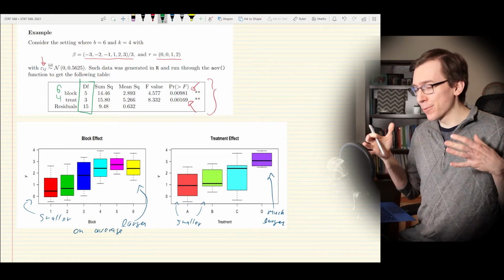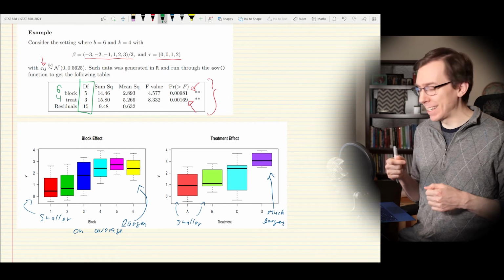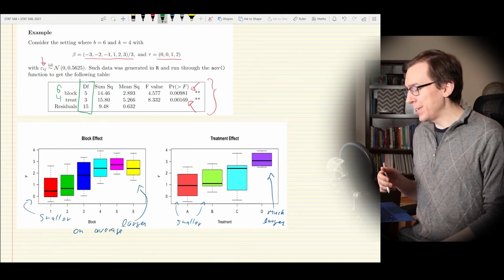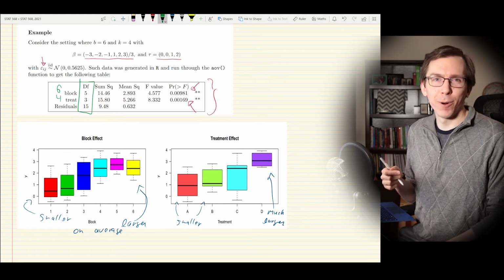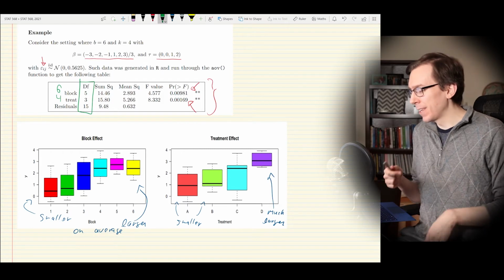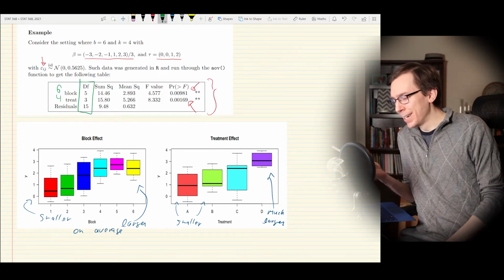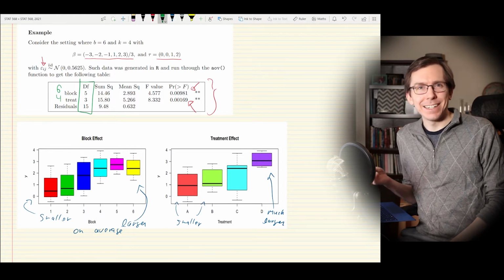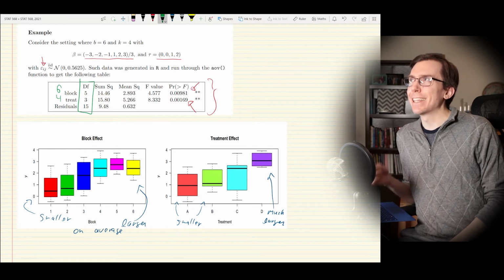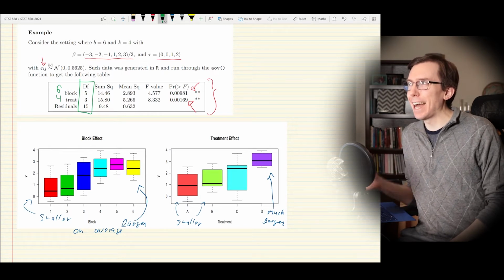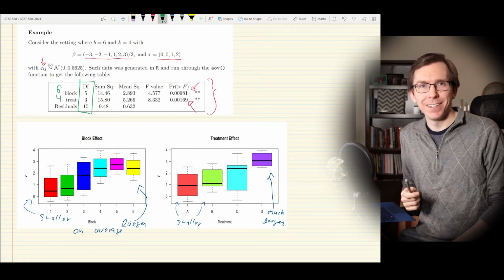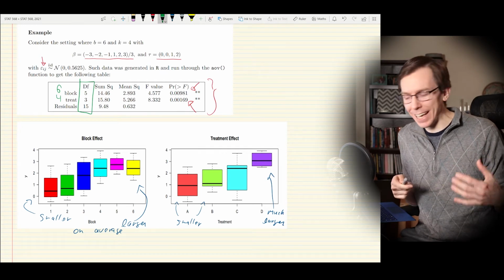It's really important to know these degrees of freedom because it will save you a lot of headache if you accidentally plug in the wrong formula when analyzing data. I think the degrees of freedom are one of the best things to learn, mainly as a sanity check to make sure the computer is giving you the analysis that you think you're getting, that you want to get.